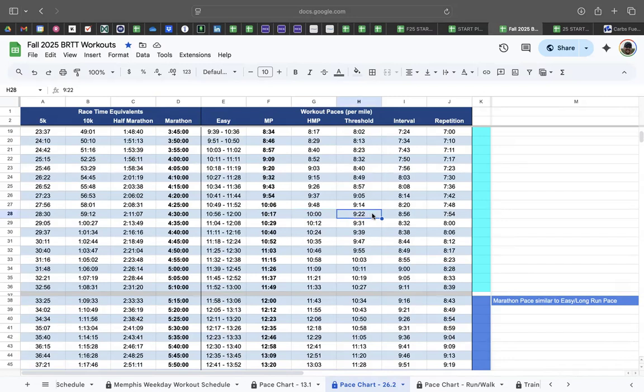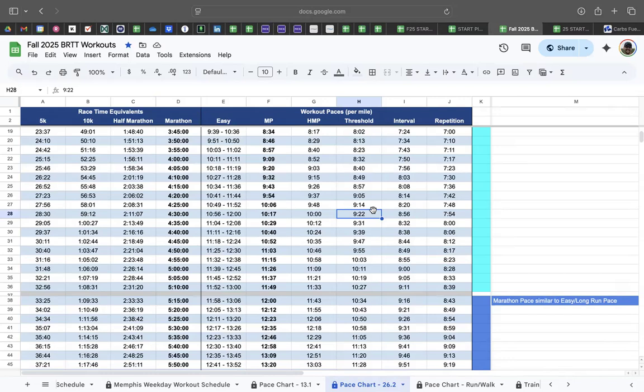A lot of the workouts on the training plan call for running at threshold pace. And that's something that is quote unquote comfortably hard or comfortably challenging. It's hard. It's not the most comfortable thing in the world, but it's a sustainable hard effort. So you could do this for maybe 45 minutes continuously in a hard race.